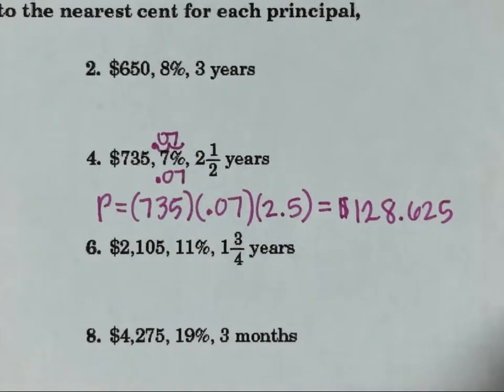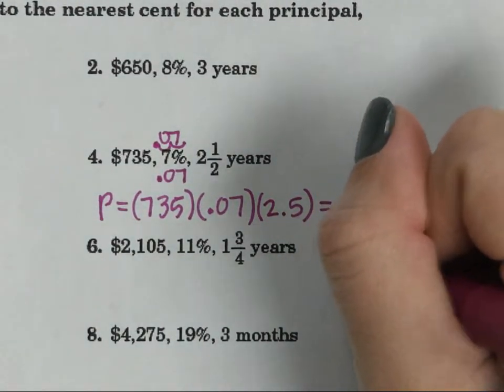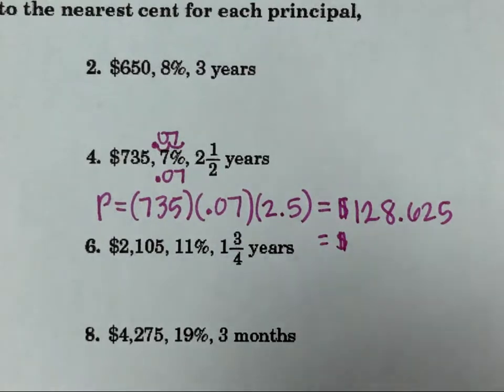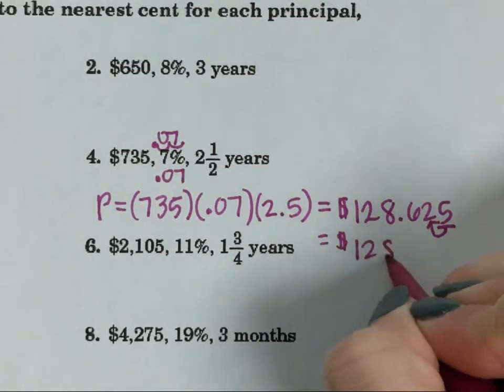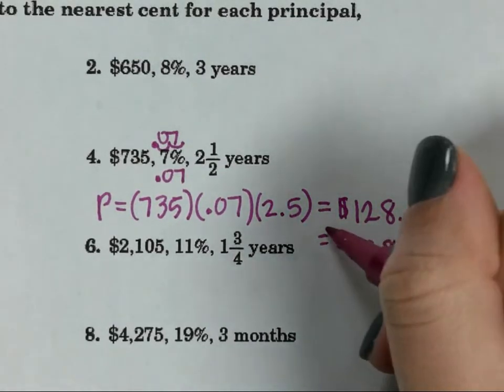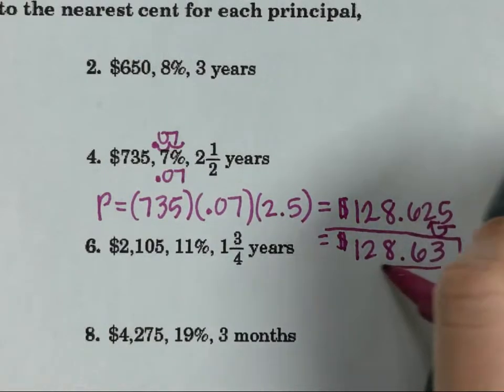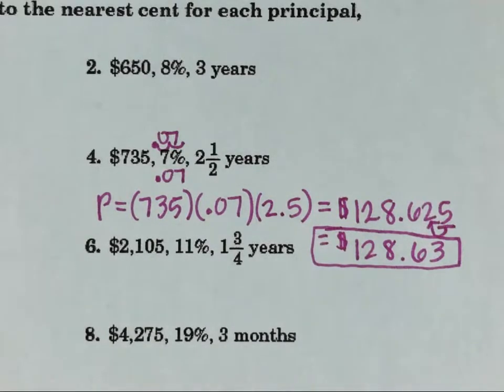So how do I round that if I'm talking about money? Wonderful. This 5 right here tells me to bump the 2 up. So it's 128.63. So my answer is $128.63. Questions on that one?